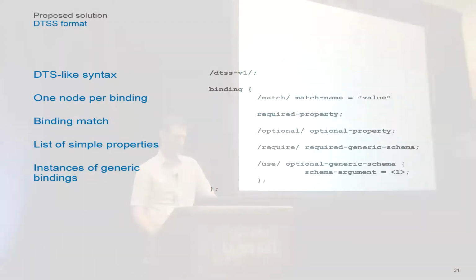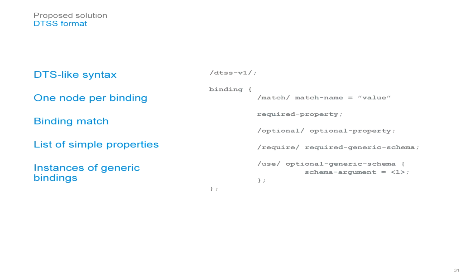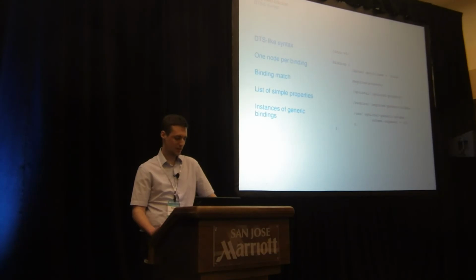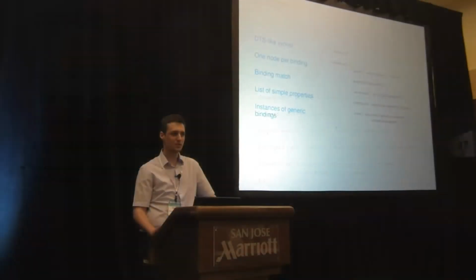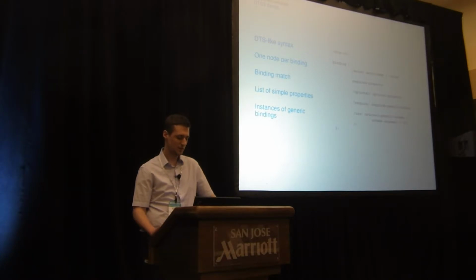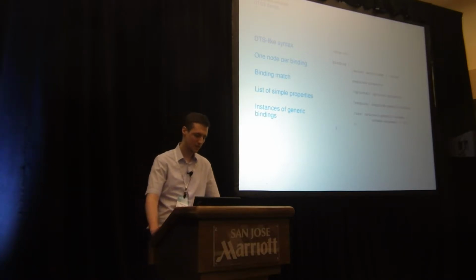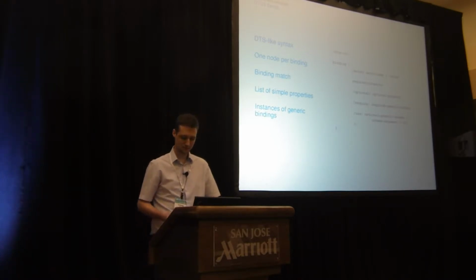So here we have one node per binding to describe the list of generic bindings used by particular device-specific bindings, the list of simple properties needed, and also, to match a binding to certain nodes in device tree, there is a match keyword to specify the matching key for the binding.